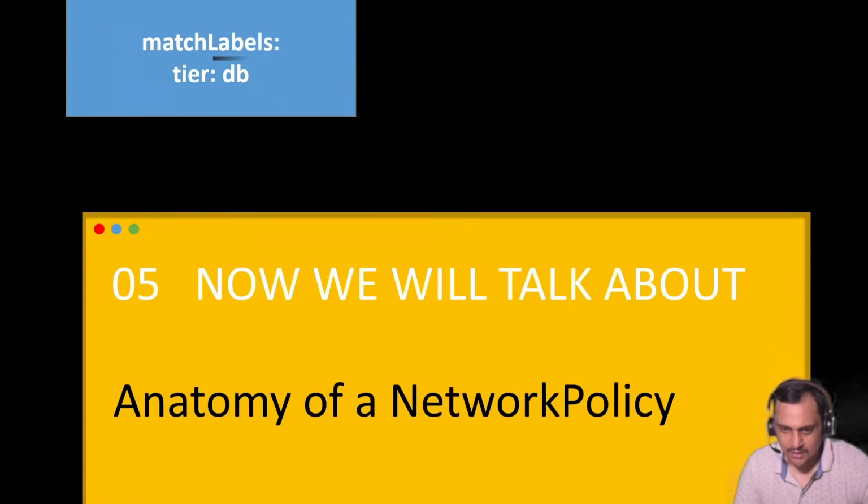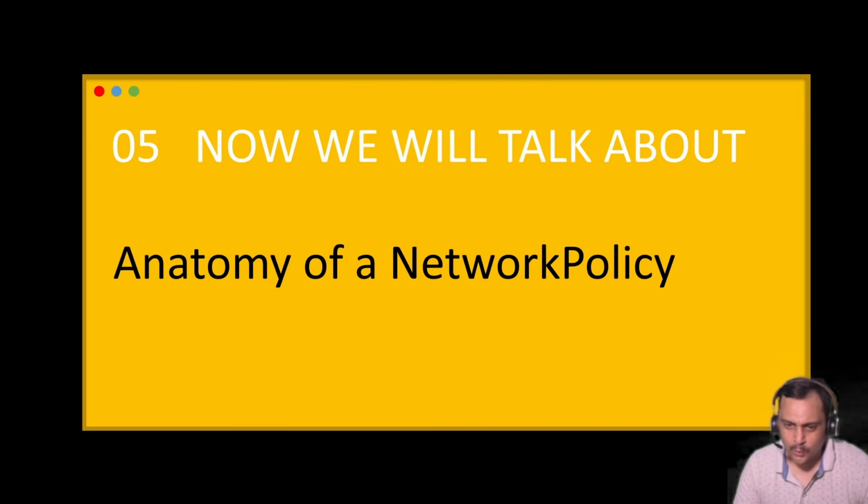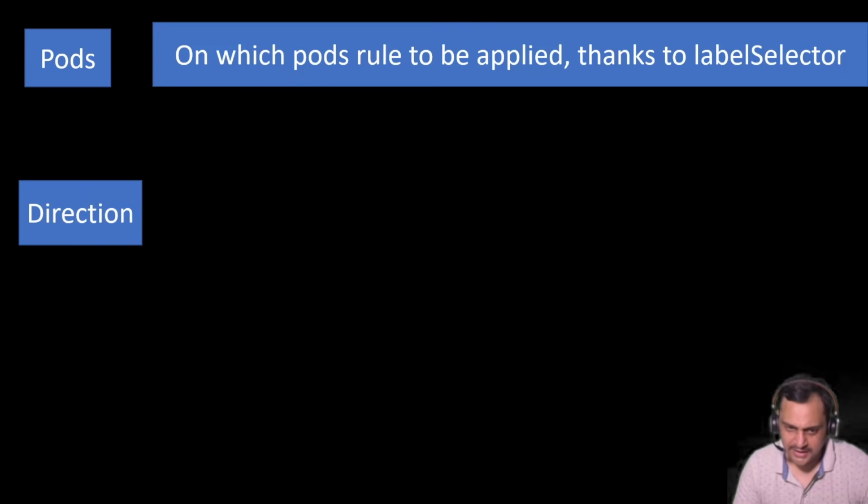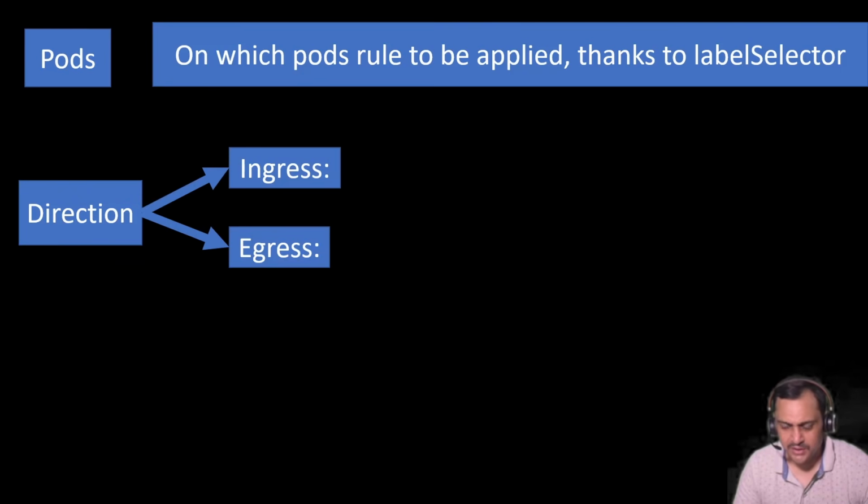Let's move on. Anatomy of network policies. What is the structure of a network policy YAML file? We have the pods on which the rule is to be applied, thanks to the label selector. Direction, in which direction we are going to create the rules, ingress or egress.